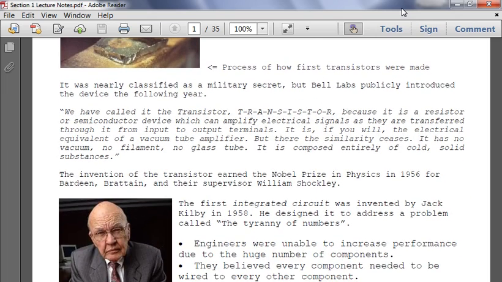In the paper's wording, they said they had called it the transistor, because it is a resistor or semiconductor device which amplifies electrical signals as they are transferred through it from the input to the output.